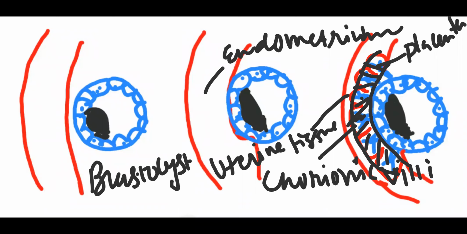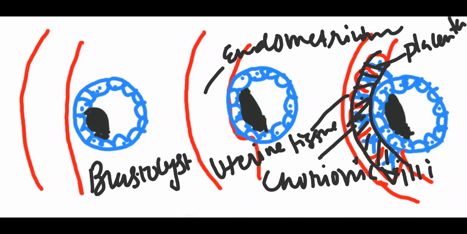It's about the maternal tissue, that is the uterine tissue, the endometrium part, and the embryonic tissue, that is the chorionic villi. Together, when they penetrate into each other, the placenta is formed. Placenta is not maternal tissue alone, not embryonic tissue alone.